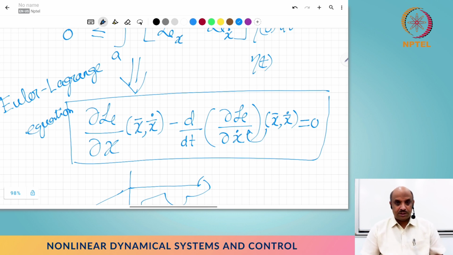Lagrange and Euler both worked quite a bit on mechanics, and Lagrange, along with later scientist Hamilton, changed the entire understanding or formulation the way Newton did, and gave a very theoretical, beautiful flavor to mechanics. And everywhere you'll get this Euler-Lagrange equation.